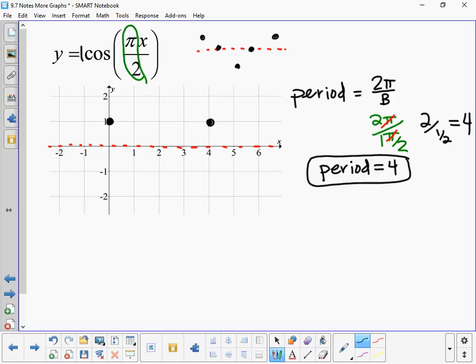So we've got our 2 points for the ends of our cycle. Halfway in between, it's going to dip down by its amplitude, and then halfway in between those, it is right on its midline. And now we can extend that pattern, and here's our cosine.